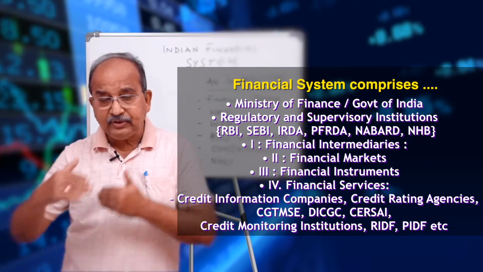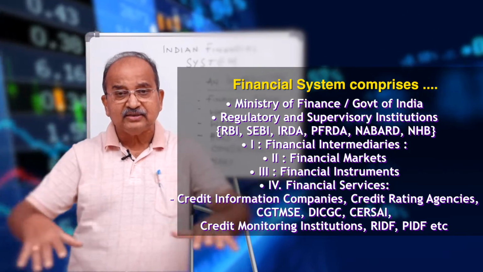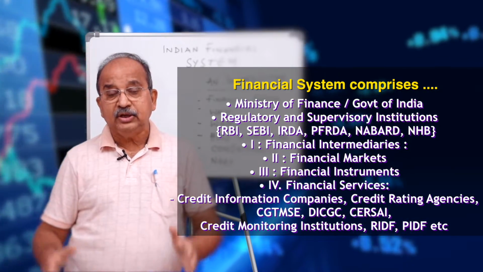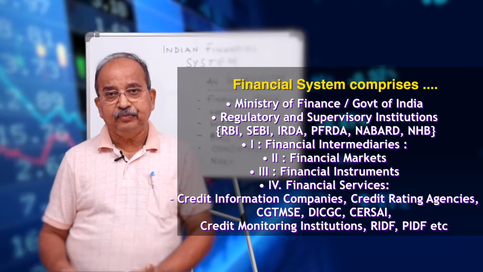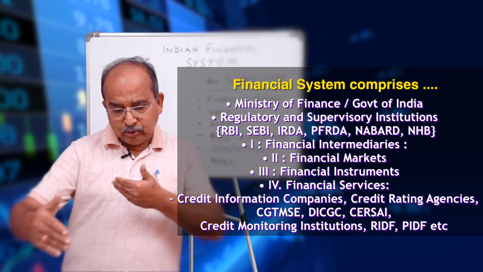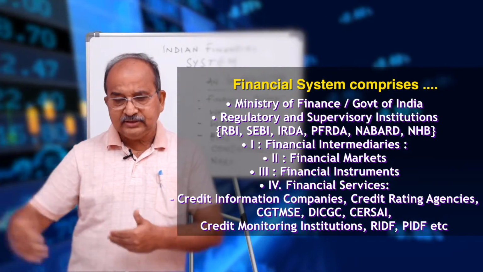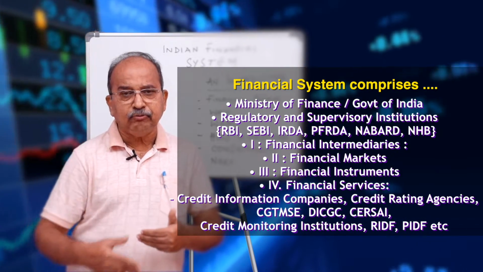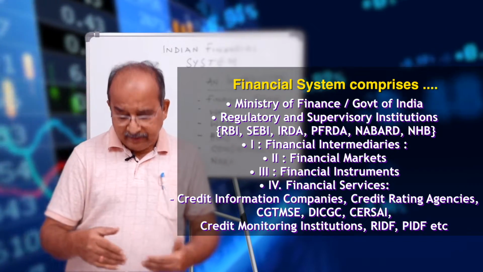After that, there are different pillars of this entire structure, and these pillars are four. Number one is financial intermediaries, those who enable the exchange of money and wealth.